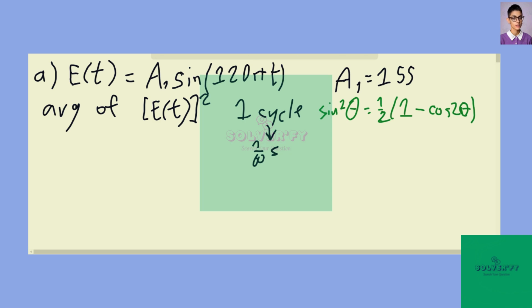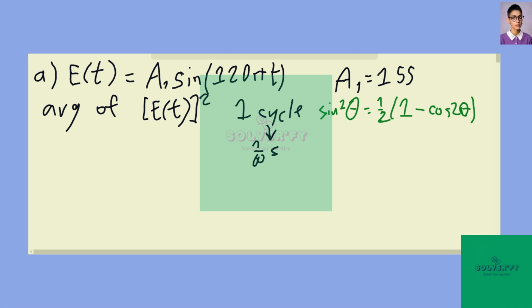So when you take an average value, you basically integrate. This would be the integrand, whatever you're taking the average value of, and you take that integral for the desired time period, and then you're going to divide that by that time period afterwards.